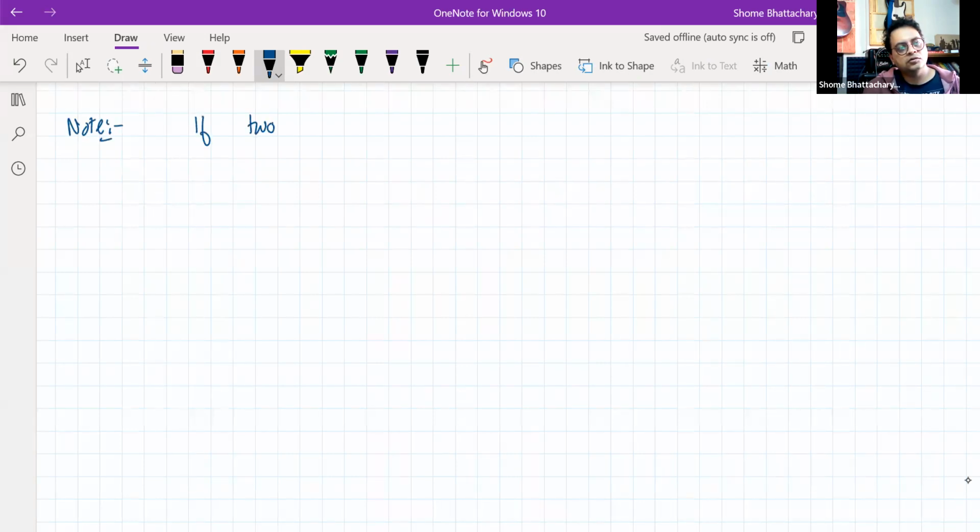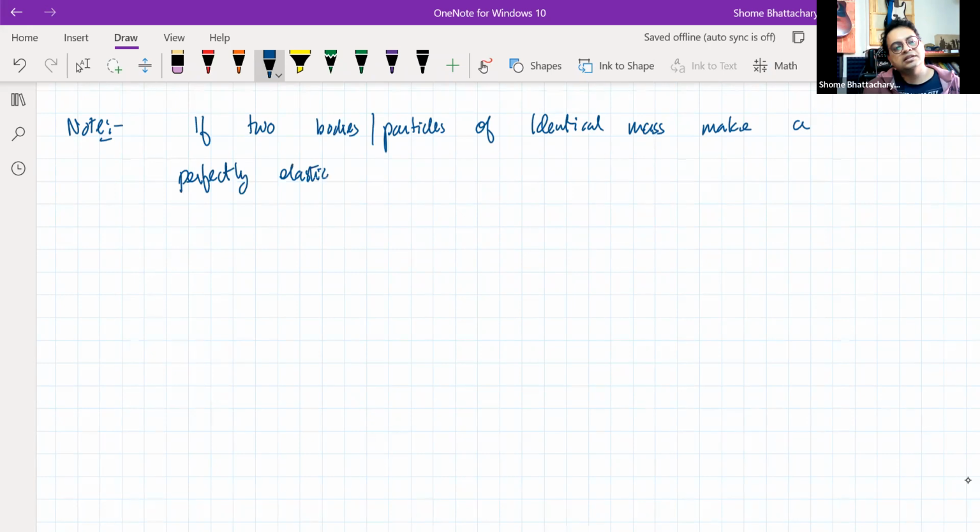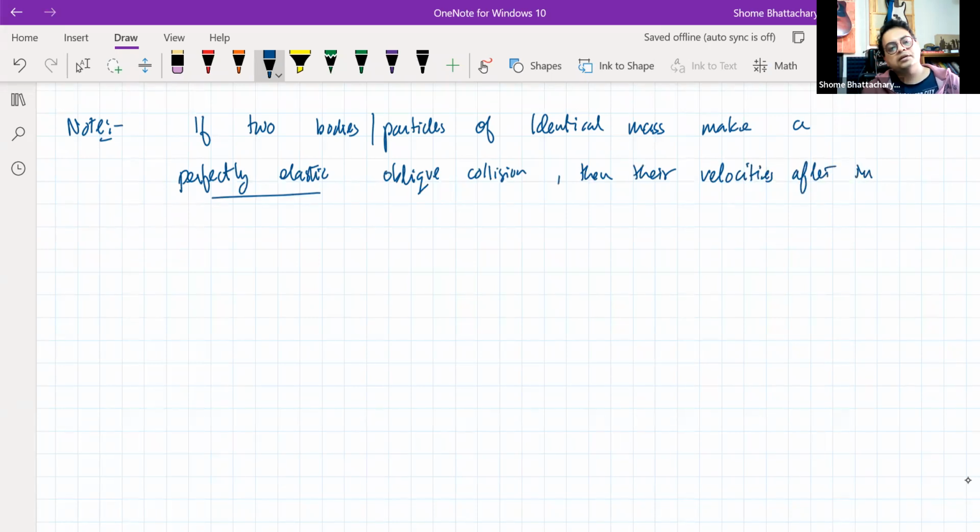that if two bodies or particles of identical mass make a perfectly elastic oblique collision, then their velocities after impact are perpendicular to each other.